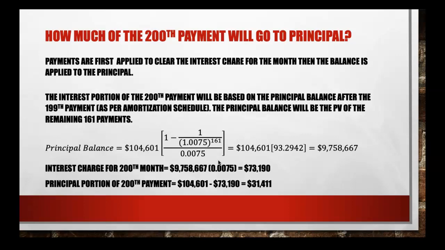Right? So to know the principal balance after 199 payments, we simply have to know how many payments remain after 199 payments. Subtracting 199 from 360, we realize that 199 payments would remain. Sorry, 161 payments would remain, my bad. And if 161 payments remain, then we simply find the present value of those 161 payments, and it will give us the principal balance at the start of that month.